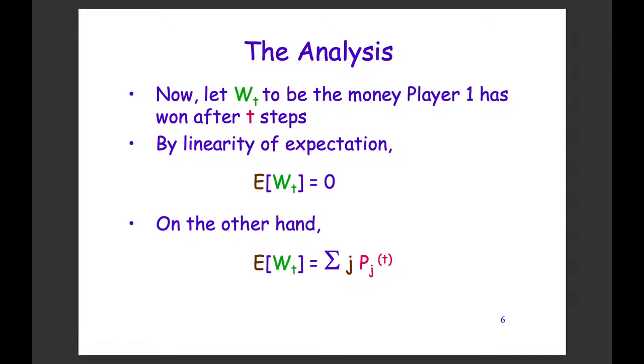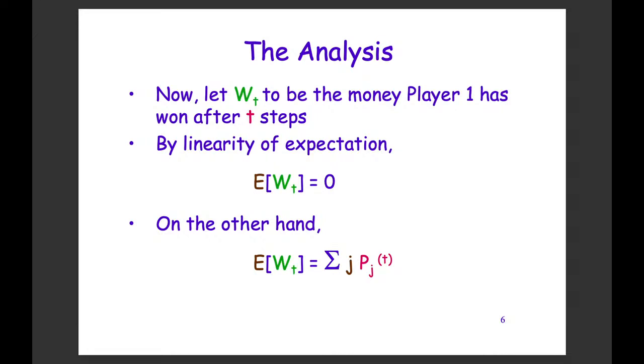Okay, so this time, let us use the expected value approach. We let Wt be the money that player 1 has after t steps. Initially, when t is equal to 0, the money that player 1 has won will be equal to 0, because the game has not started, so he's not winning or losing any money, so the expected money at this stage is equal to 0.